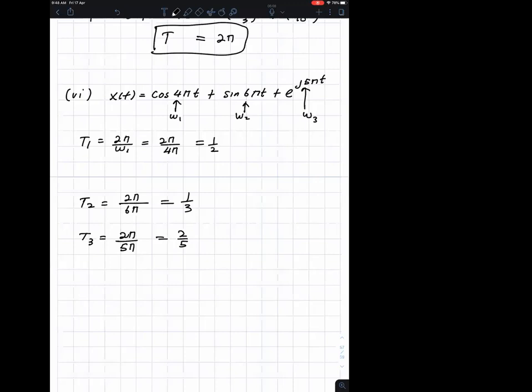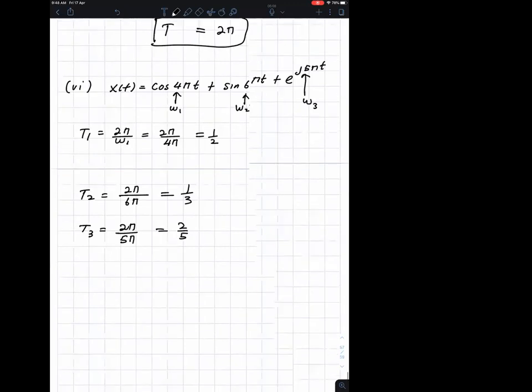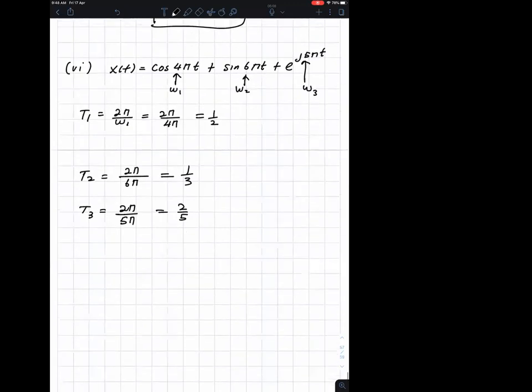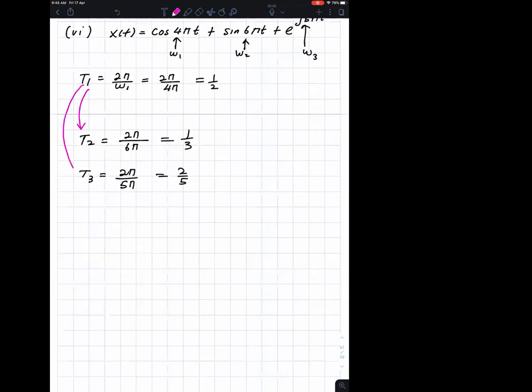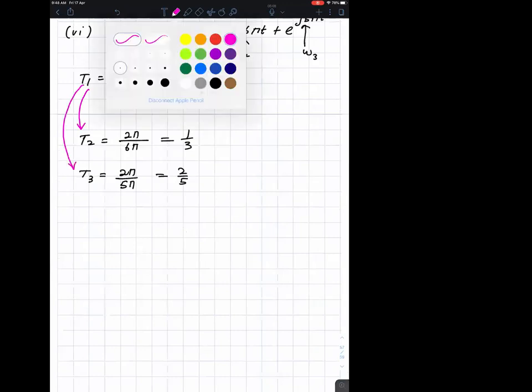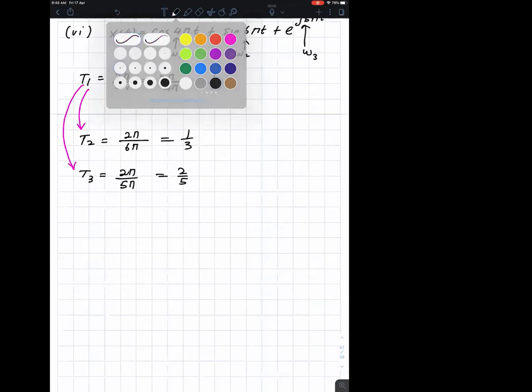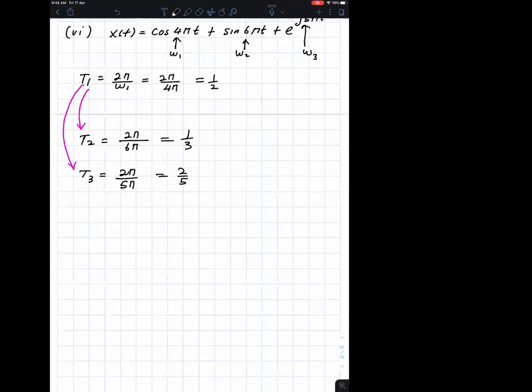Now we want to compare one by one. It depends on which one you want to compare. You can compare with this, and then you also can compare with this. So let's try T1 over T2.